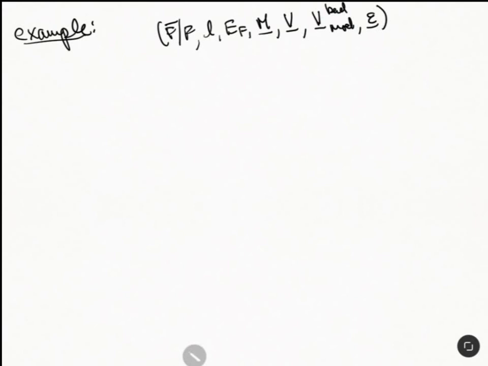Maybe we can keep a running tab of the things that we need to define. So here, let me write down the tuple of initial theta data: E, F, M, and so on.